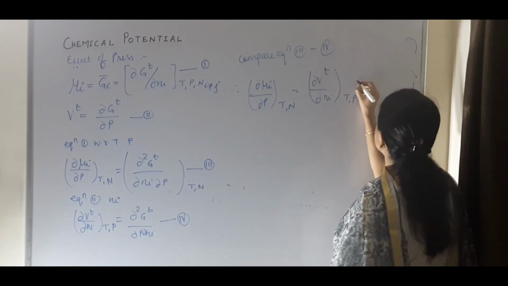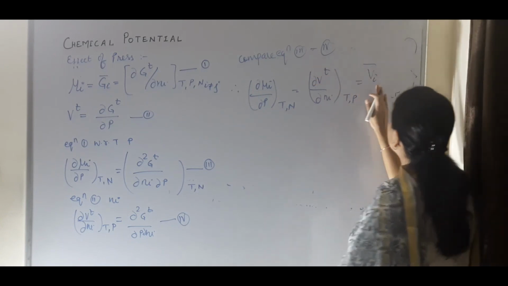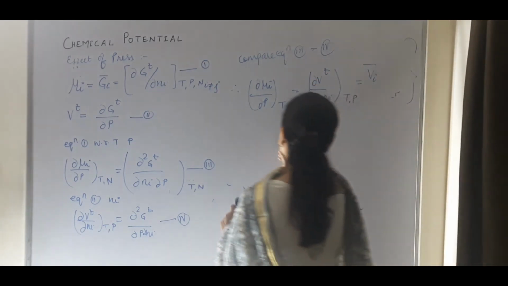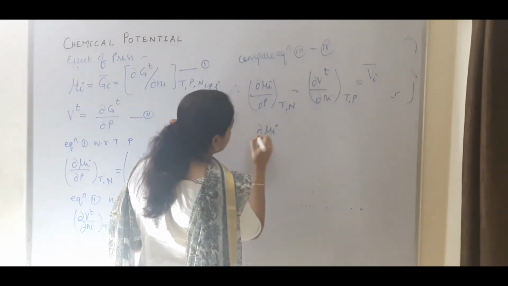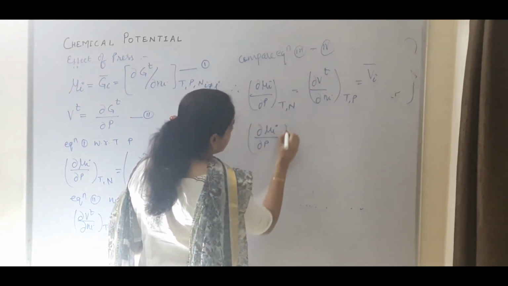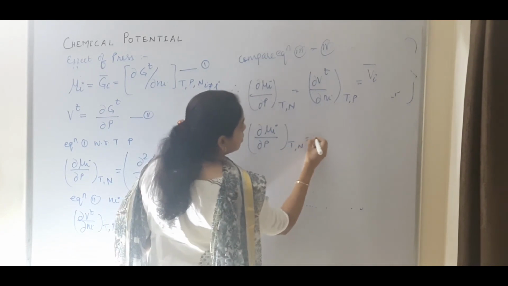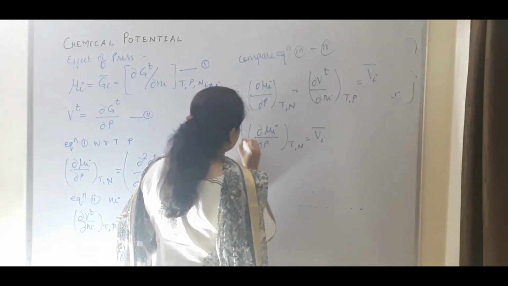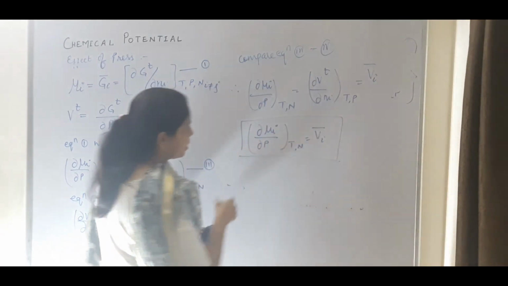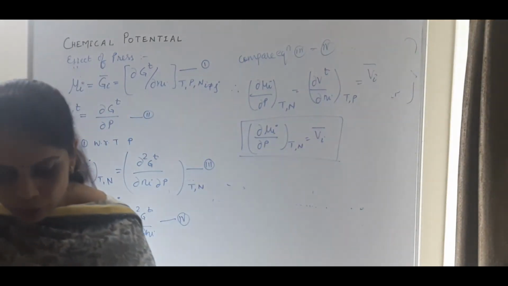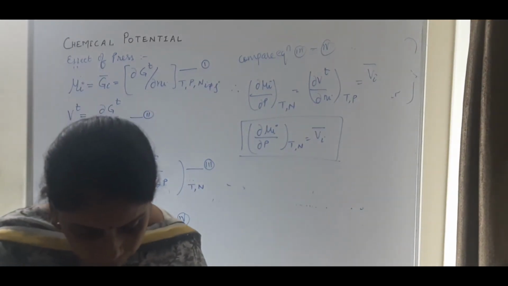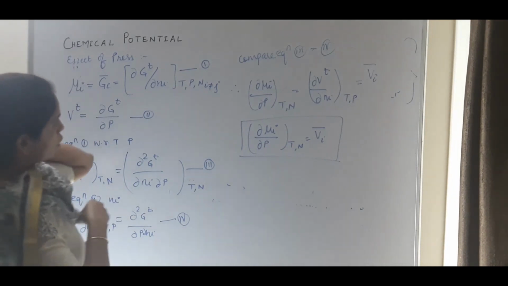And what is this? This is the partial molar volume of any component i. So ∂μ_i upon ∂P is equal to V_i bar. This shows the effect of pressure on chemical potential.